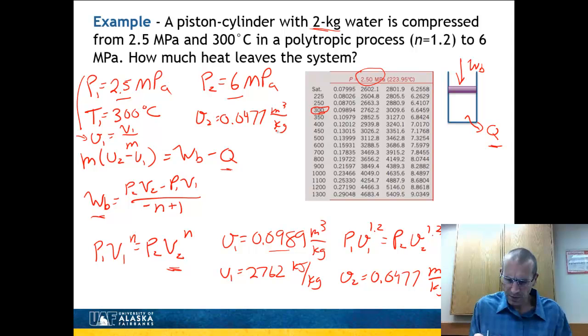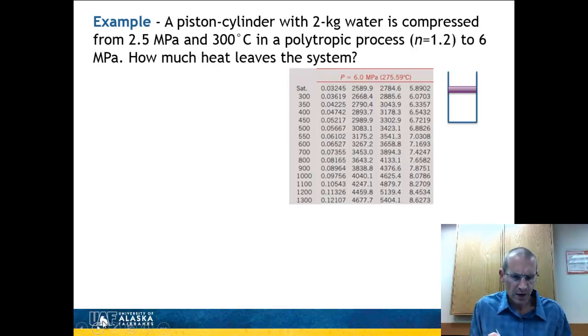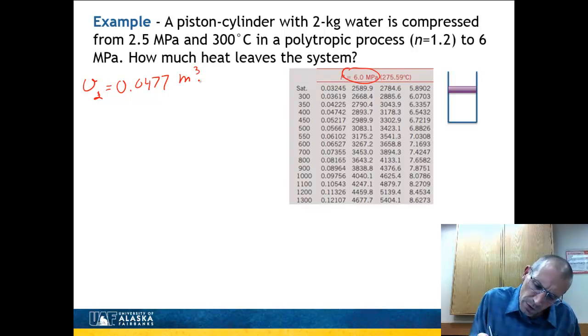The only thing left now is U2, and I'm going to get that from this pair of intensive variables. Now I need to go to the 6 megapascal table. Here's our 6 megapascal table, and recall that V2 was equal to 0.0477 meters cubed per kilogram.